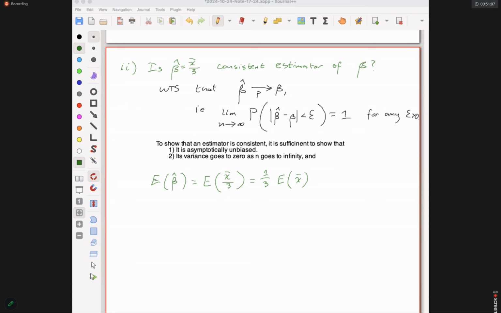We have a theorem that tells us something about this. What does the law of large numbers tell us?